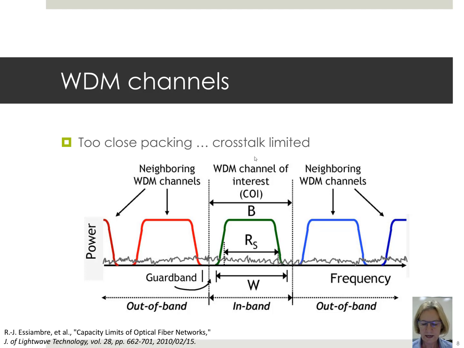What we see here at the bottom is the additive white Gaussian noise, which should be the impairment that causes most of the errors. And what we'll do is start bringing the wavelengths closer together until we get to the point that the errors are coming not from the unavoidable additive white Gaussian noise, but instead from the crosstalk from neighbors. And so this is how we fill up that capacity as much as we can.